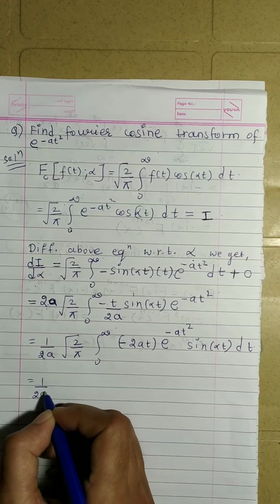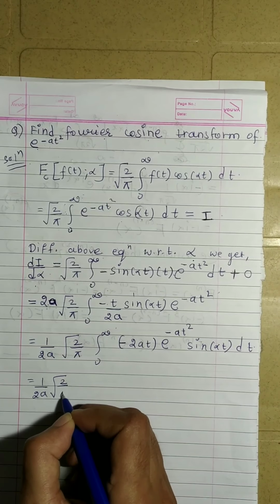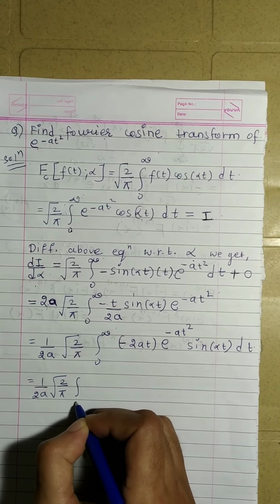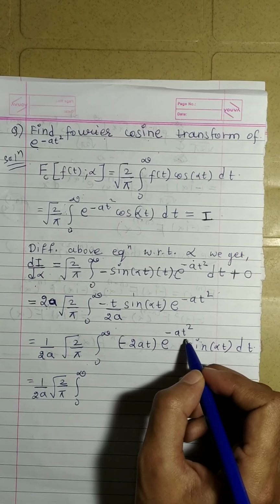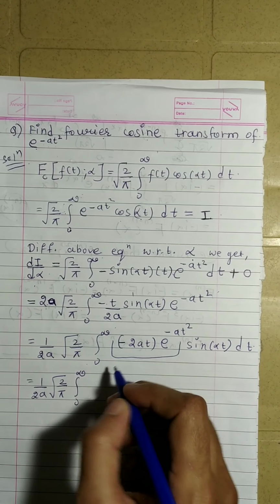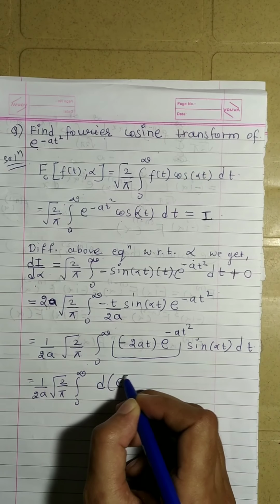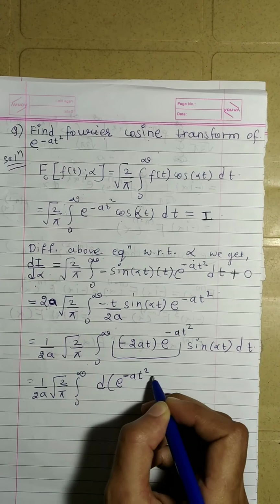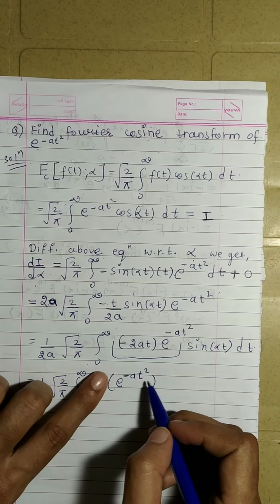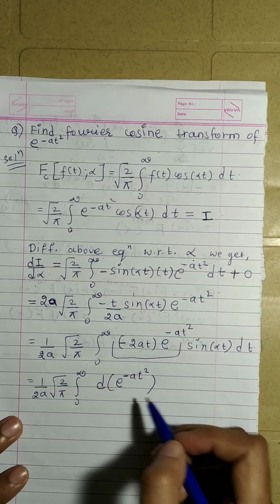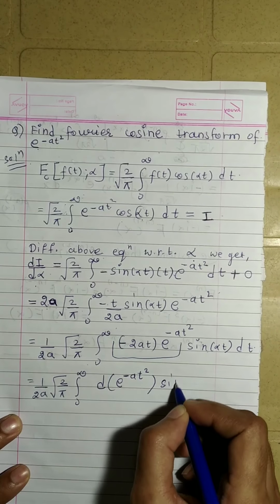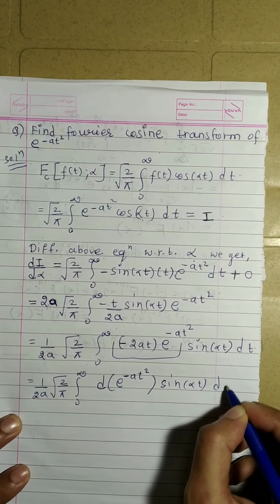You can see here this is the derivative of e raised to minus a t square, into sine of alpha t dt.